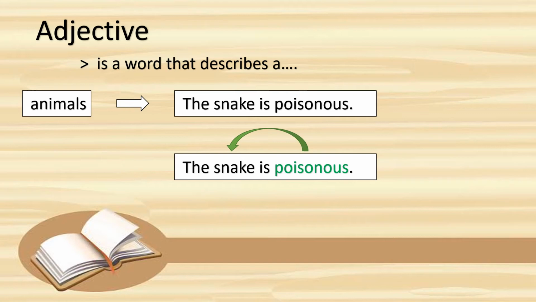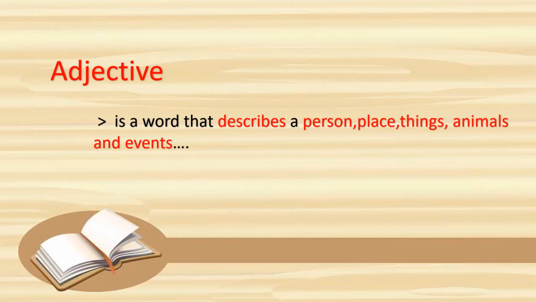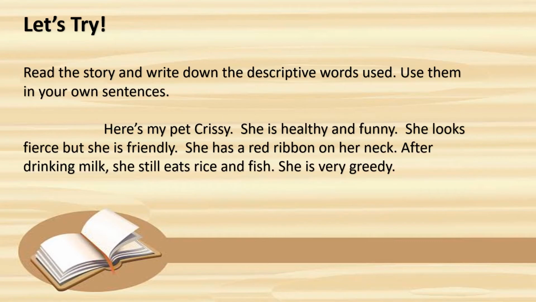So again, when you say adjective, it is a word that describes a person, place, things, animals, and events.